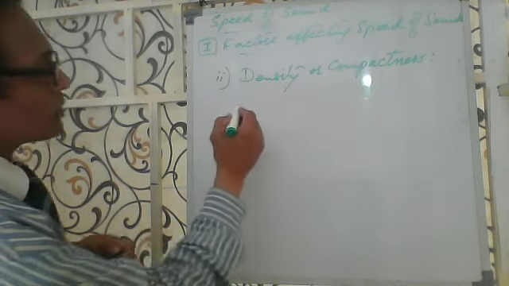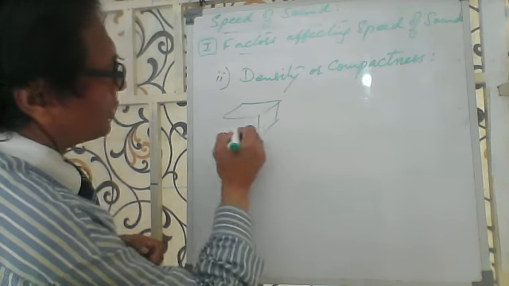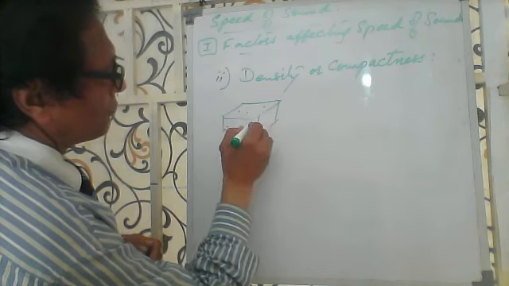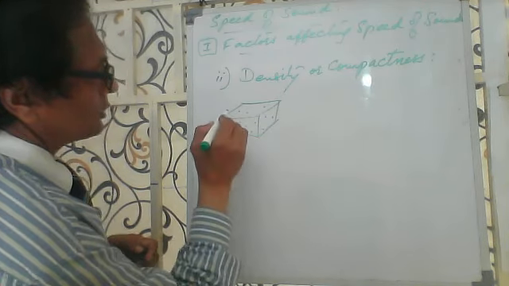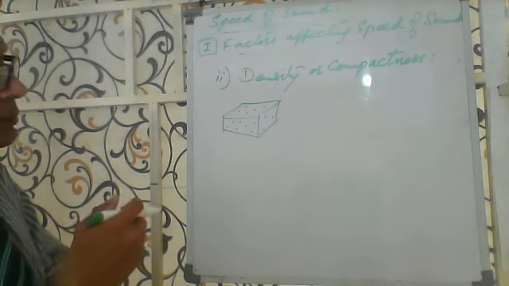So here you see, if we have a particular volume, in this volume these are the particles away from one another.